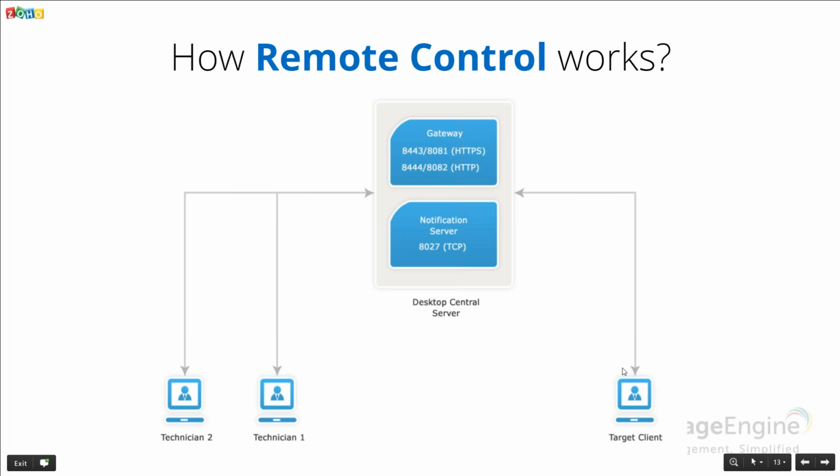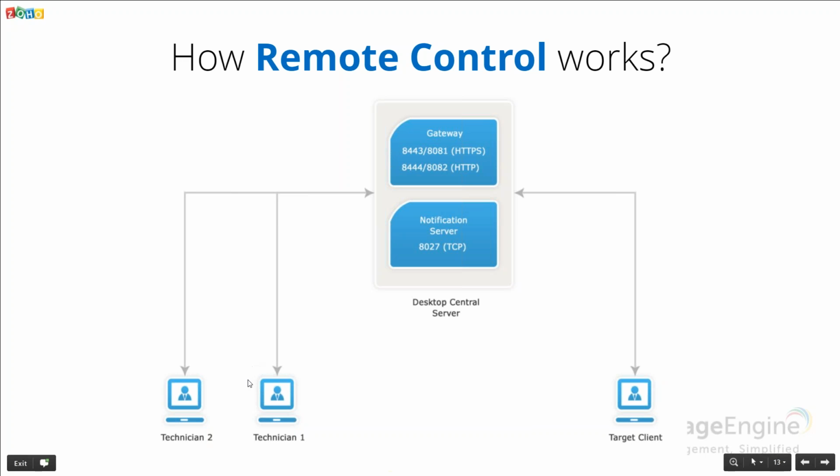So the agent listens to the request and initiates the remote control service on the client, which captures the images and sends them back to the main server, where the gateway listens to the request and forwards it back to technician 1, where technician 1 can see the end user machine on his screen. That's how the communication is established.